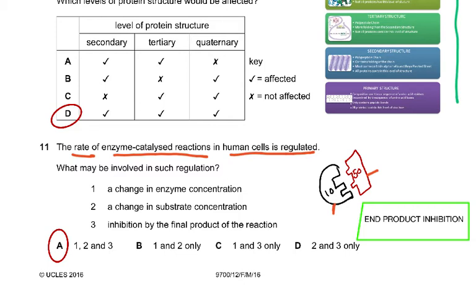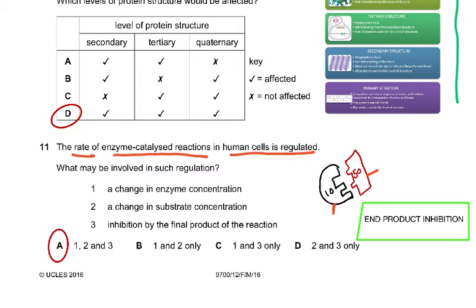So all three would be affected, because if you increase the number of active sites, the rate of the reaction will go faster than if you increase the number of substrate. Naturally, more product will be formed per unit time, and more enzyme means even further. If you increase the substrate, after some time the substrate will finish and the rate will stop.